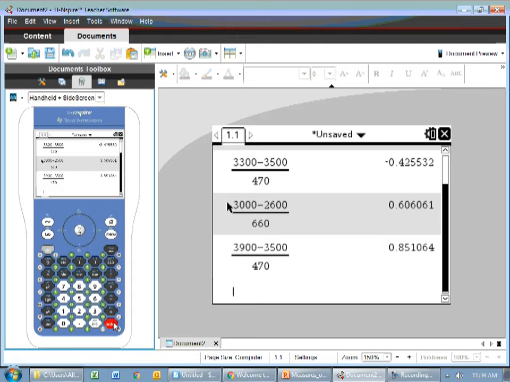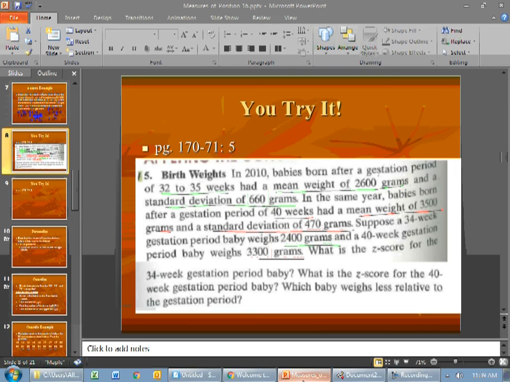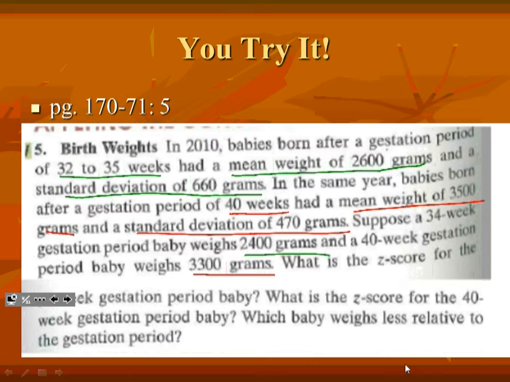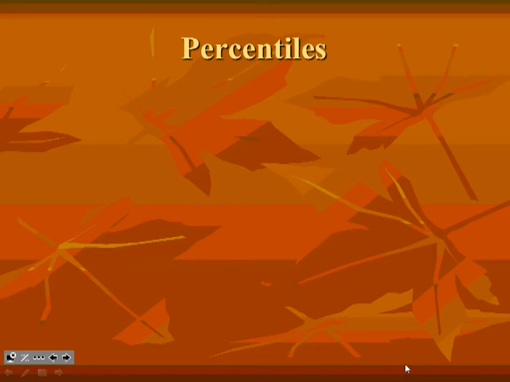All right, so we'll head back to the notes portion of our lesson. The next measure of position that we like to discuss is called percentile. As you look at this word, percentile, what does that have to do with?